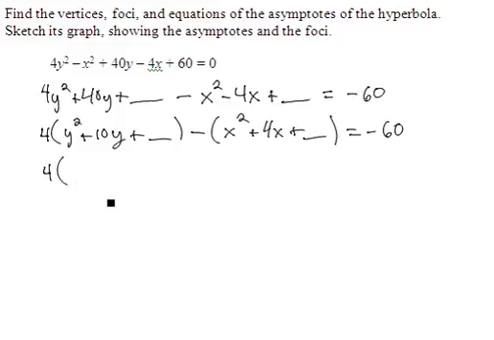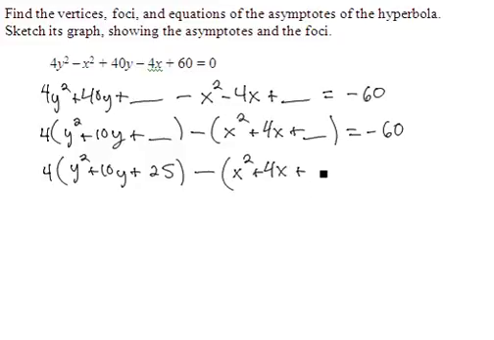Completing the square inside the parentheses, I'm going to add half of 10 and square it. So I'm going to add 25. So I'll have y squared plus 10y plus 25 minus x squared plus 4x, and I'll have a plus half of 4 squared. That's a 2 squared, which is 4.